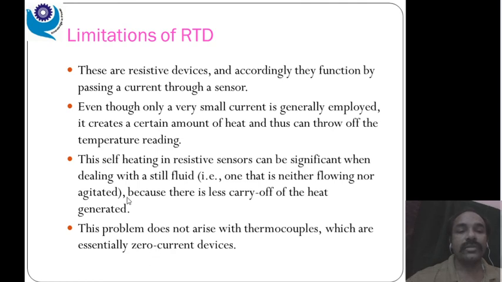Self-heating occurs in resistive sensors. Due to the passage of current it heats, and this can be significant when dealing with a still fluid. When there is a still liquid, that one that is neither flowing nor agitated, because there is less carry off of the heat generated.